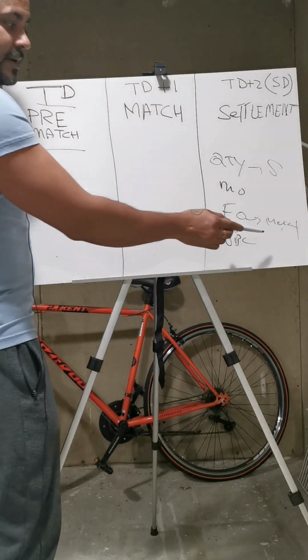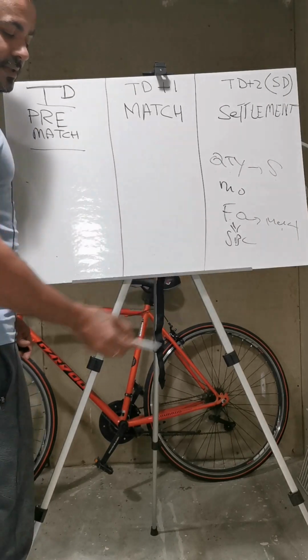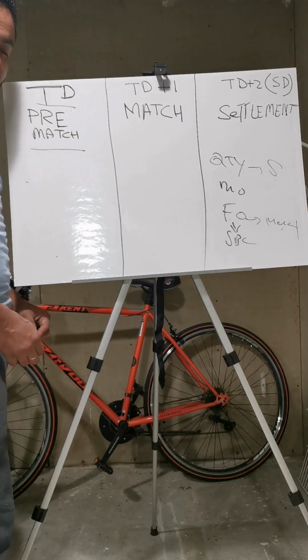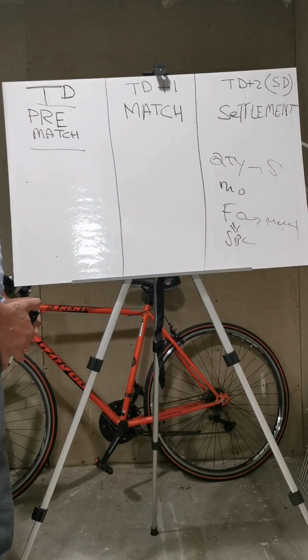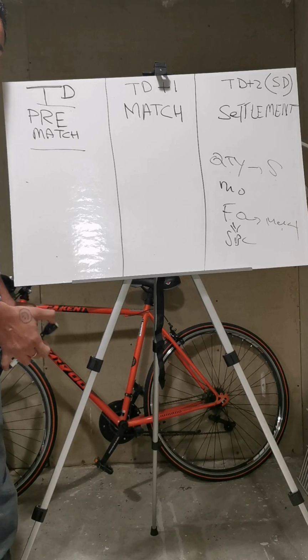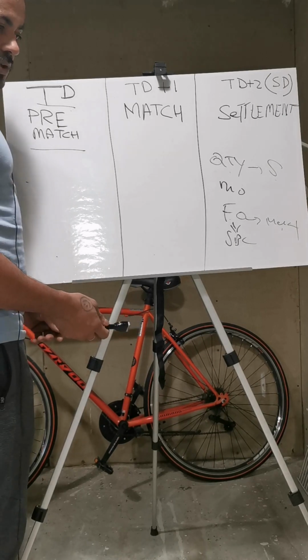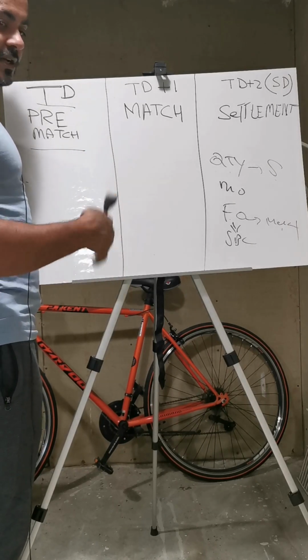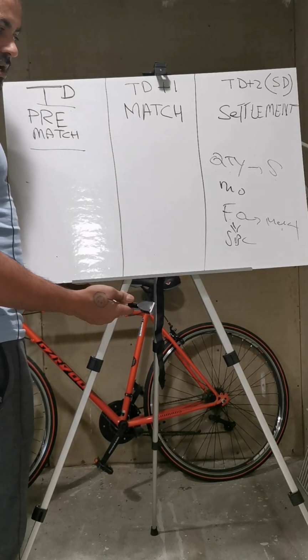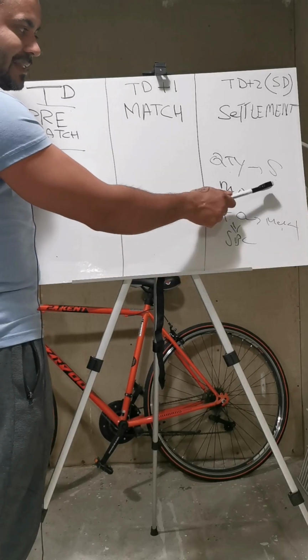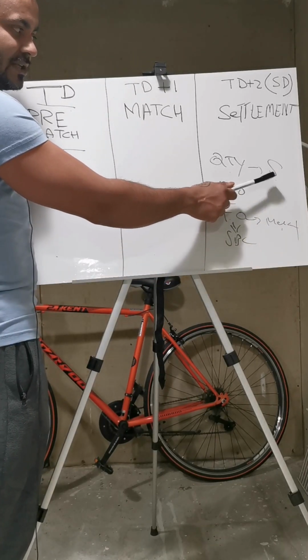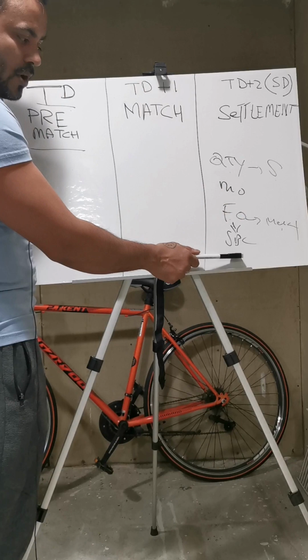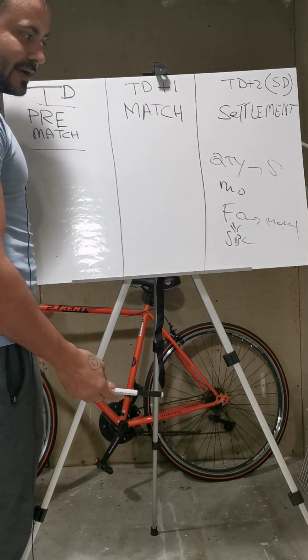Why is it very important for them? Because they have the relationship with the counterparties. They have to maintain that because it's a business. They have to run a business with them, and maintain that relationship so that they can get more business in the coming days. So they will try to settle this trade by borrowing or by buying it from the market.